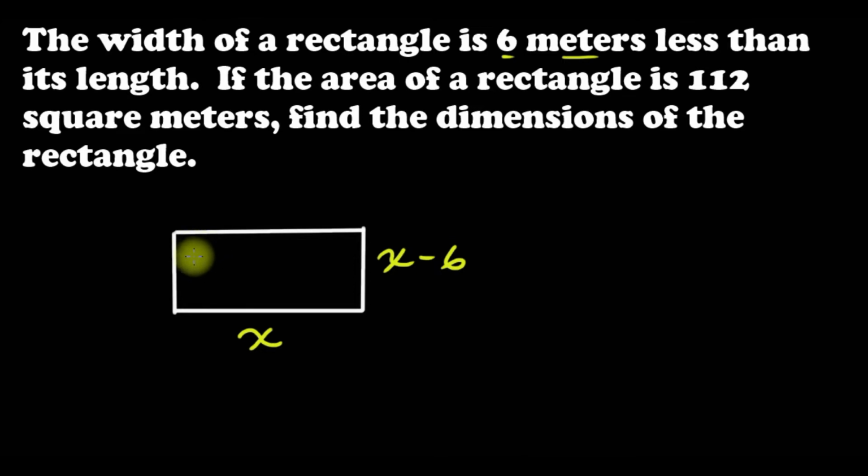And then the area, we know the area is length times width. The area here is going to be 112. So when you take x times x minus 6, you get 112.